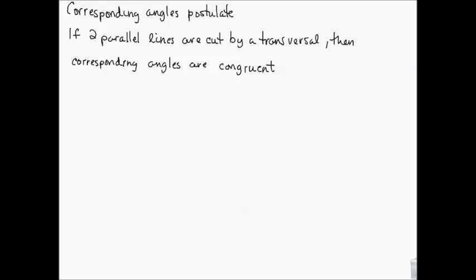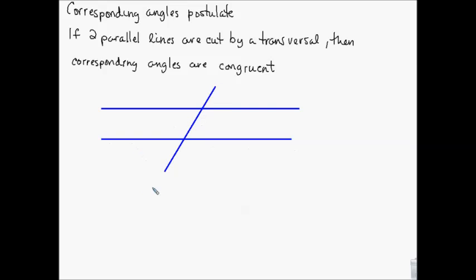Okay, so if I have two parallel lines and I bring in a transversal, and I number all the angles, angle 1 is going to be congruent to angle 5 because they're in the same position. Angle 2 is congruent to angle 6, angle 3 is congruent to angle 7, and angle 4 is congruent to angle 8.